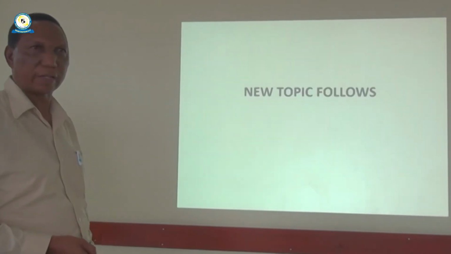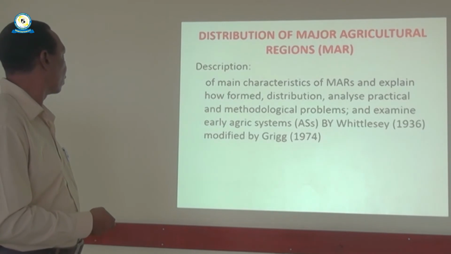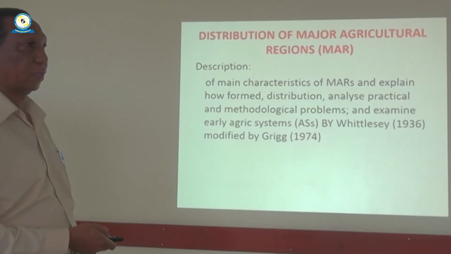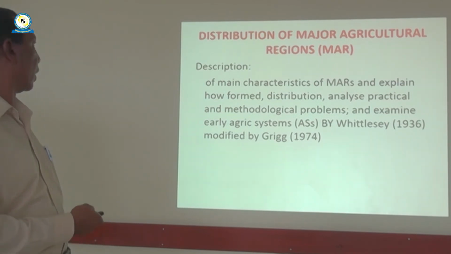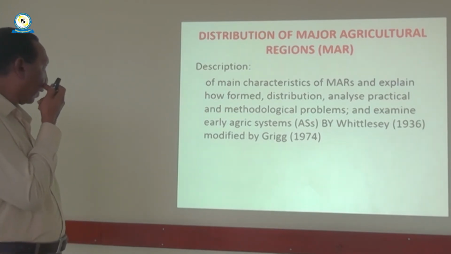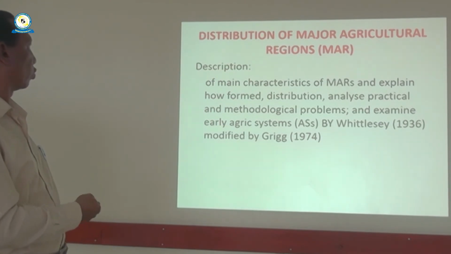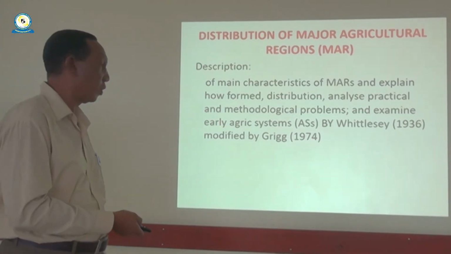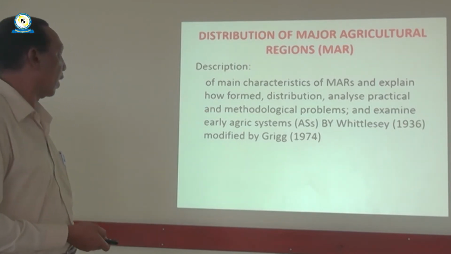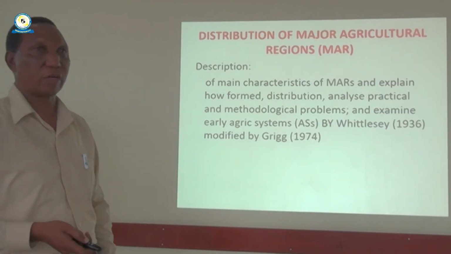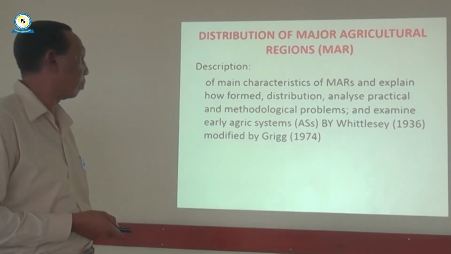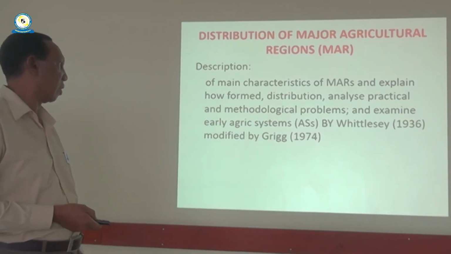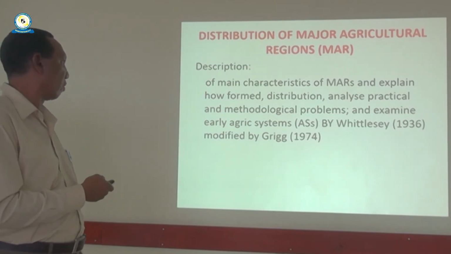Now let's go to another new topic. This is about the distribution of major agricultural regions. In this respect, we try to see how major agricultural regions were formed, how they are distributed, analyze some practical and methodological problems, and examine agricultural systems by Whittlesey and Grigg.